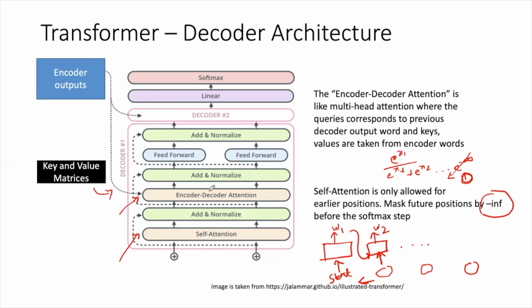We have the query vectors only for the decoder words, and the key and value vectors are from the encoder outputs, because we want to find a linear combination of the encoder vectors and find a contextual representation for the decoder words. Since the interaction is between encoder and decoder, that's the process that we carry out.